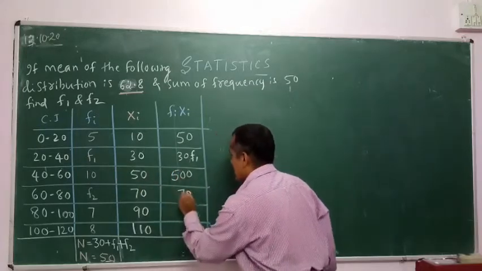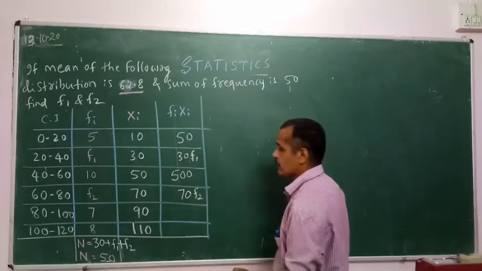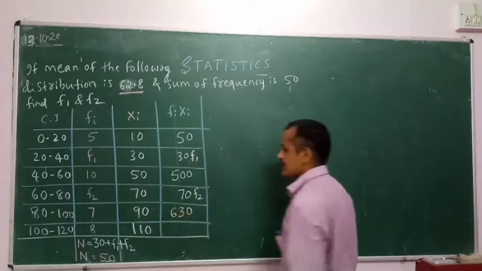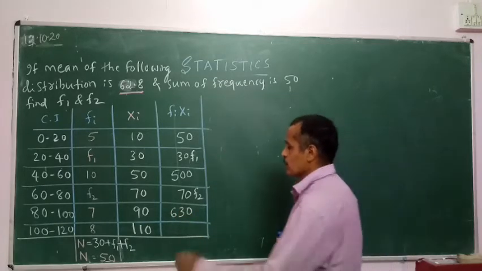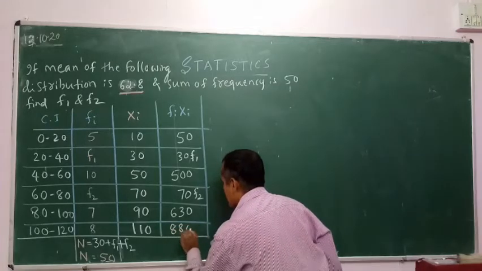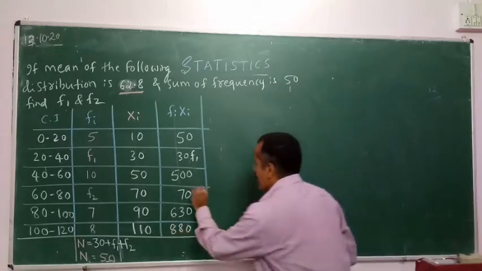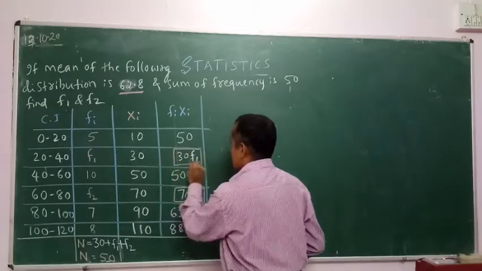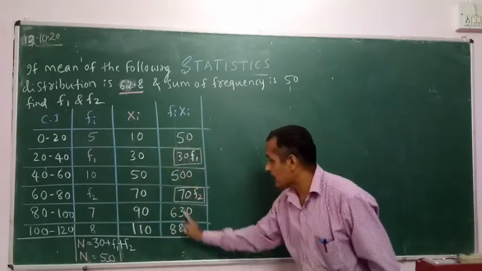This is 70 into F2, 70 F2. 90 into 7, 630, 110 into 8, 880. What I will do? I will block this. These two cannot be added along with this.